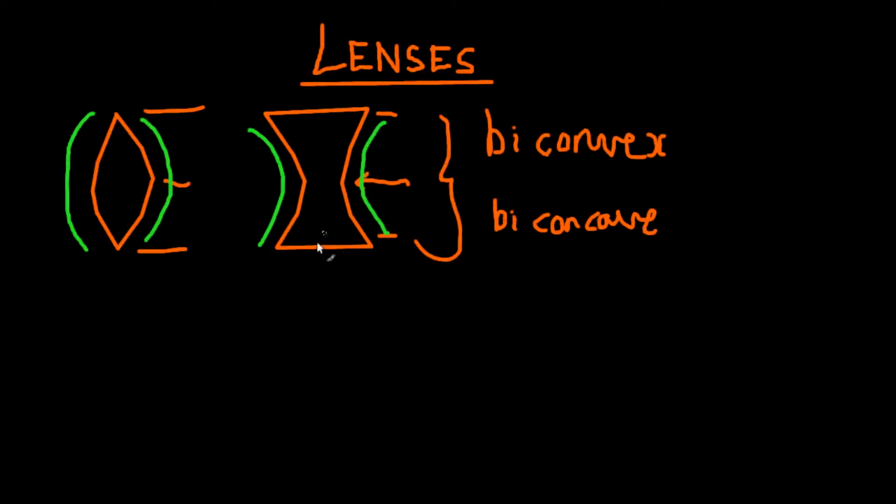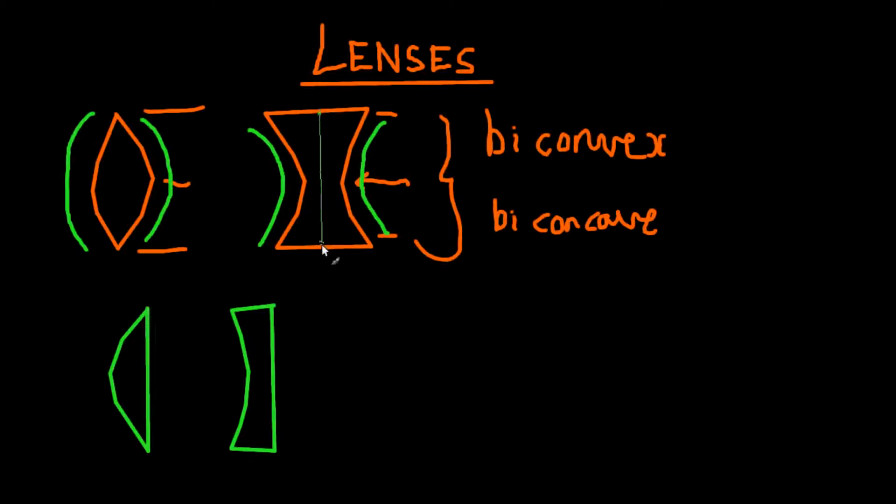Now, same way you have plano-convex and plano-concave. Plano-convex looks something like this. Okay, plano-concave looks like this. It's just splitting these two in half and taking the one on the left. That's how you can remember it.